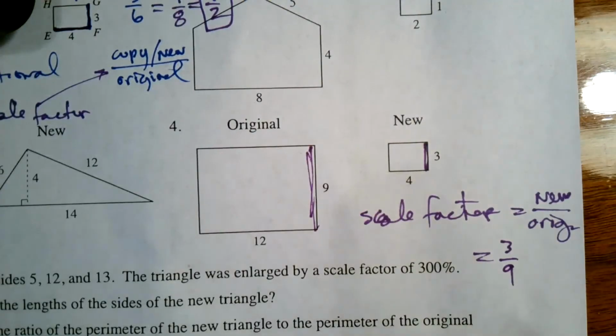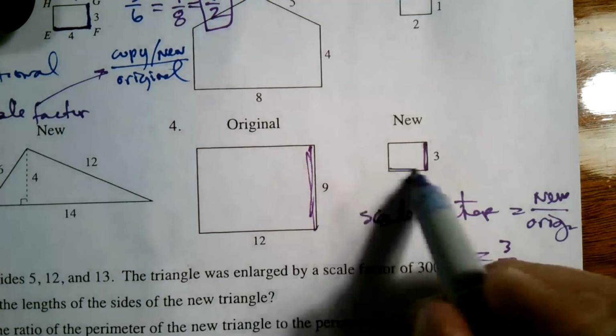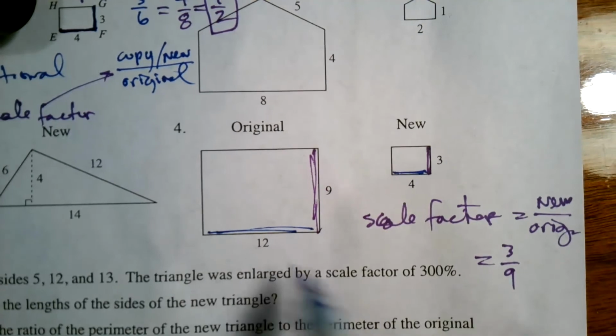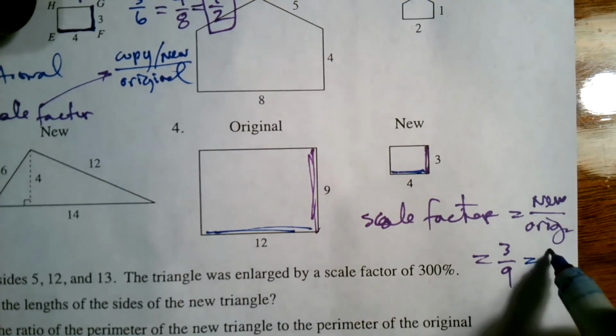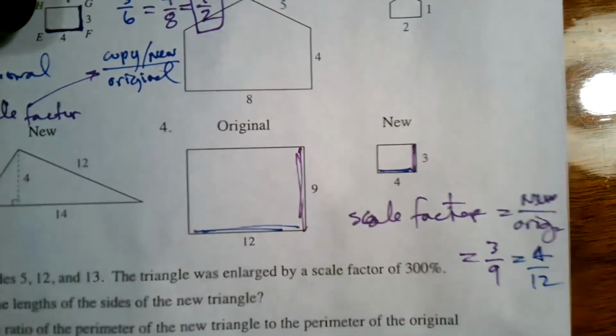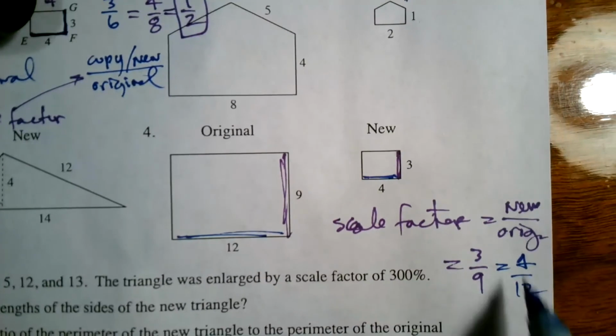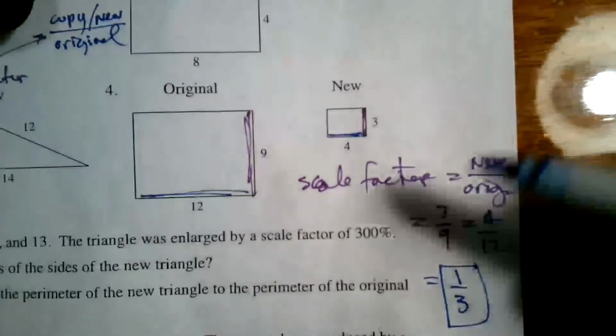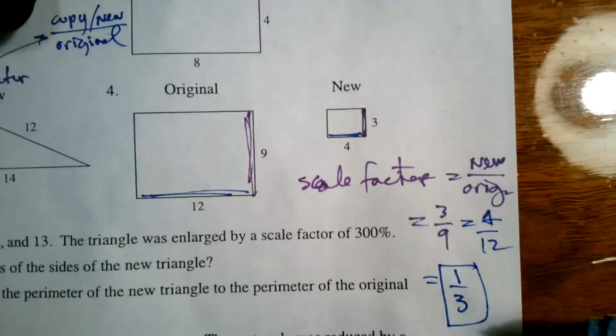Or you could use these corresponding sides, 4 to 12. The new is 4, the 12 is the original, so it's also equal to 4 over 12. If you simplify each of these, they both equal 1/3. So my scale factor for number 4 is 1/3. There we go.